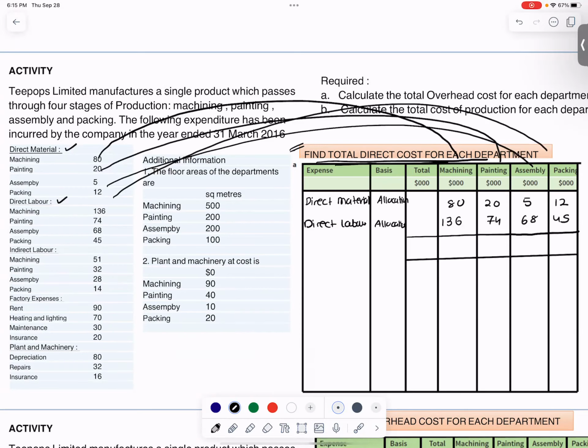Okay, 1 minute. So this will be the total direct cost. First one is 216. Second one is 94. Third one is 73. And fourth one is 57. Give me this total also: 440.